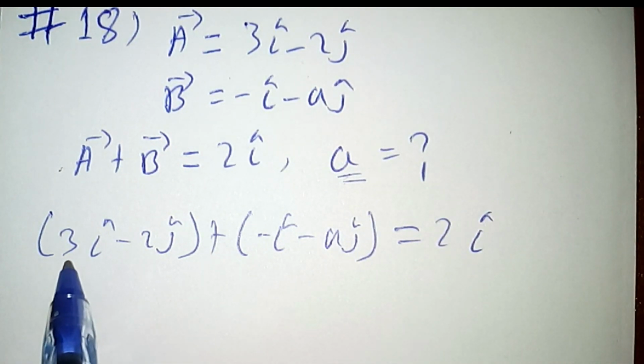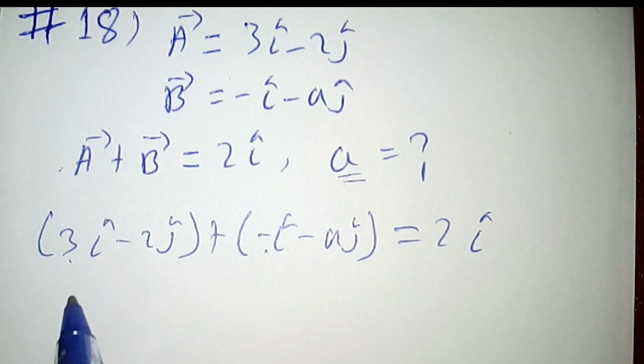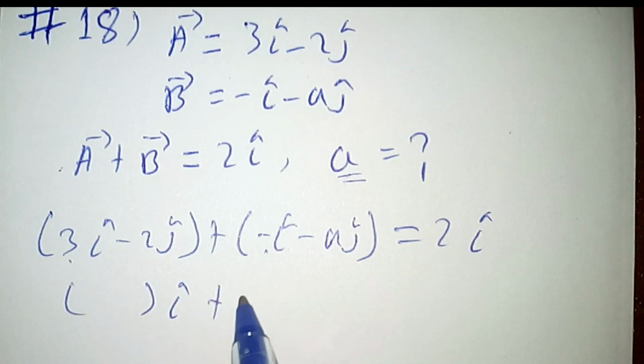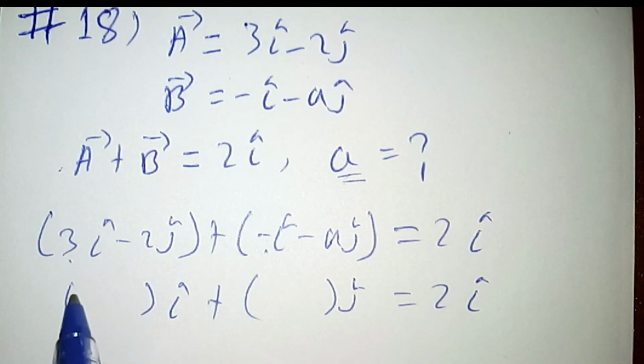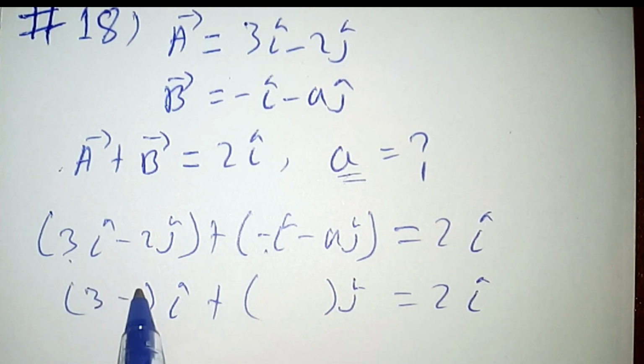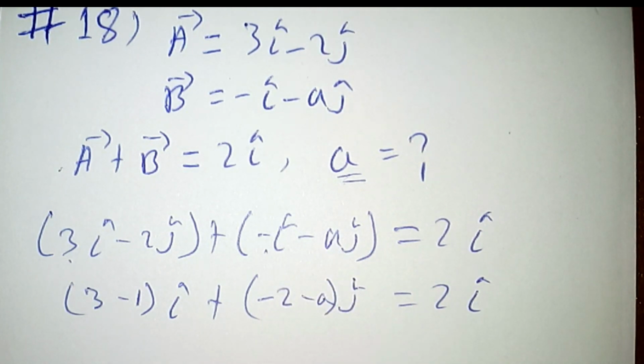So we add the i terms together, 3 plus minus 1, and the j terms, which is equal to 2i. This is 3 minus 1 for the i terms, and the j terms are minus 2 minus a.